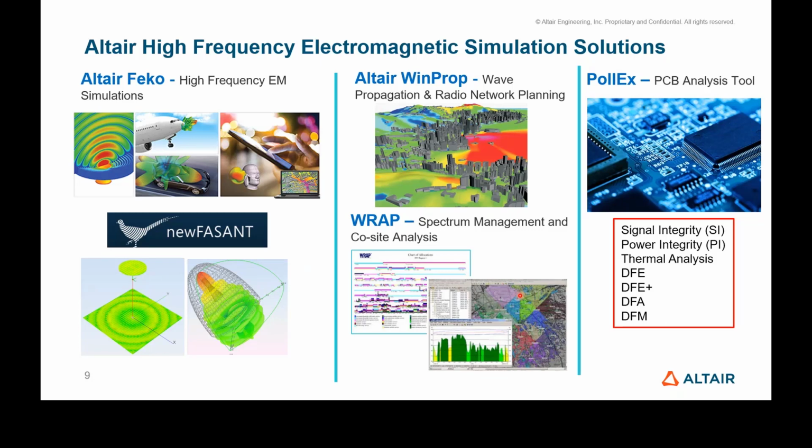Like, you can take a province or a country and do the propagation analysis on those areas using RAP. Not directly connected to these products here, we have a tool called Pollux, which again, we acquired a little more than 2 years ago, a PCB analysis tool.